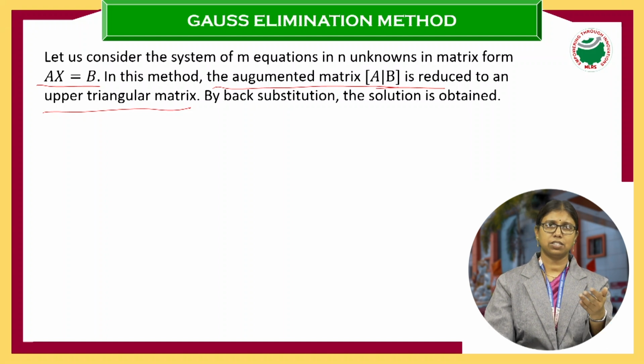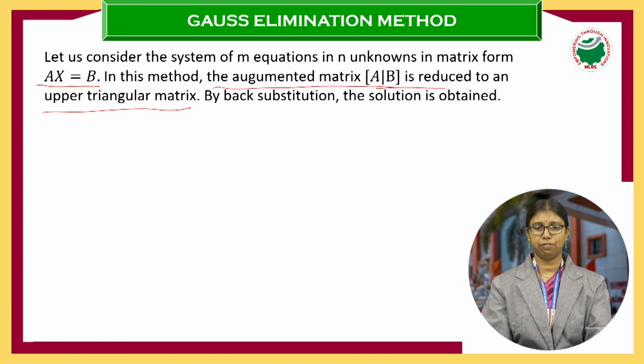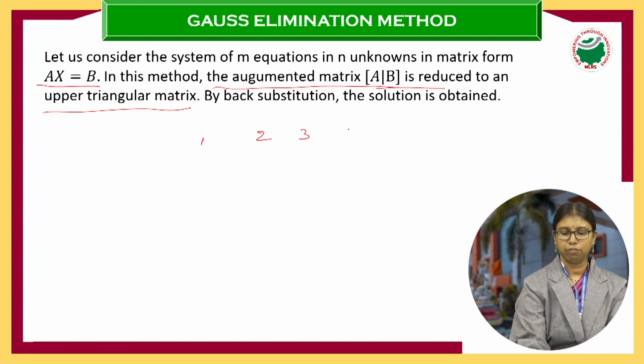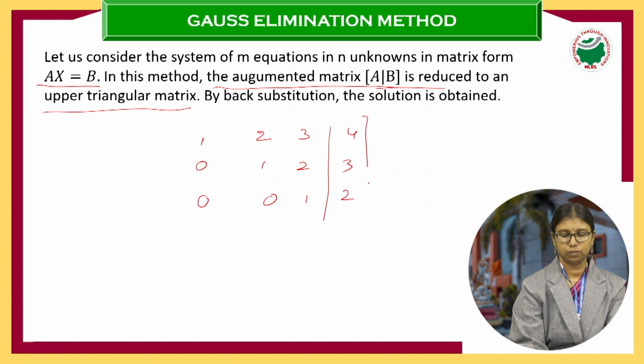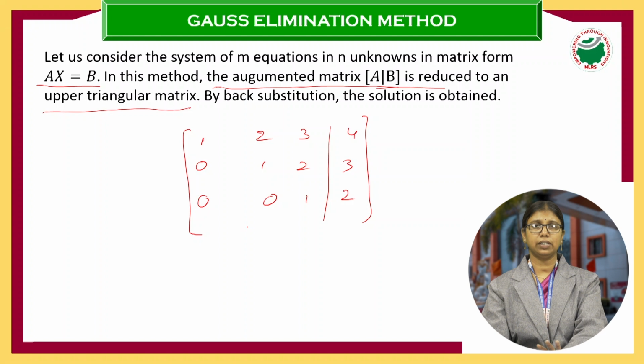Suppose I have some system of equations and I take an augmented matrix, and I convert it to upper triangular form. Maybe it is in the form of some 1, 2, 3, 4; 0, 1, 2, 3; 0, 0, 1, 2. After converting the augmented matrix to upper triangular form, maybe you will get this form.